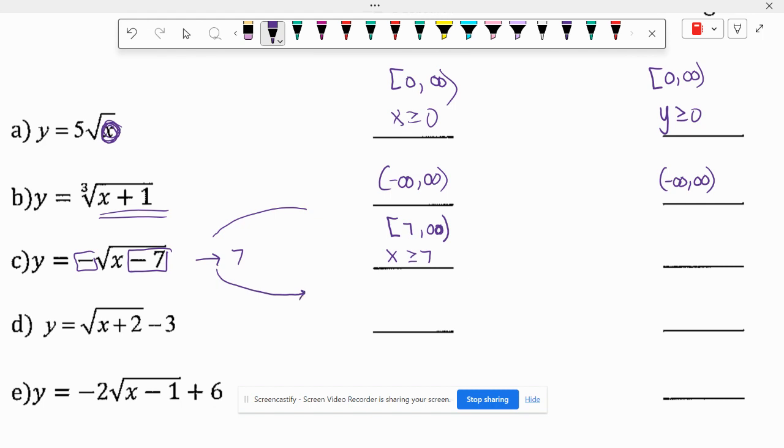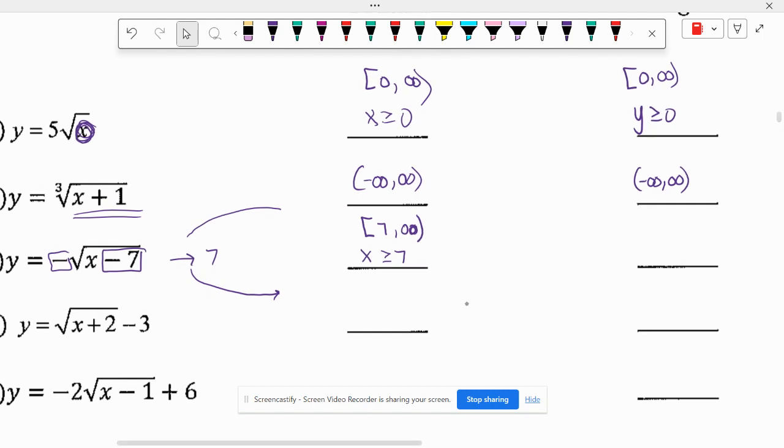It gets reflected. So instead of the y values being greater than 0, they are going to be less than or equal to 0. So this looks like negative infinity, comma, 0. 0 is the largest part of it. We don't write it as 0, negative infinity. You have to start with the smallest number first.